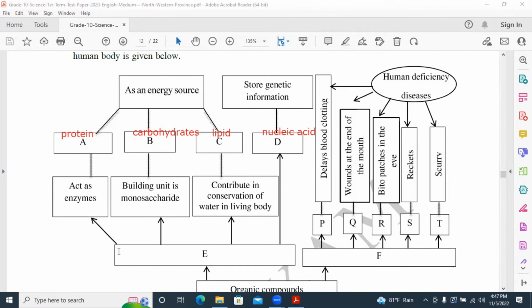Here the E should be biomolecules. Here the F should be vitamins.